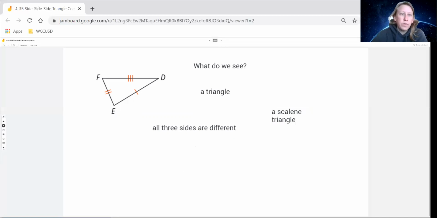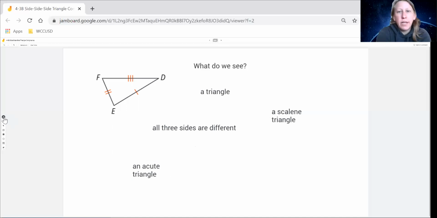Good. What else do we see? Is it acute or obtuse? Looks like all those angles are smaller than 90, so it looks acute.